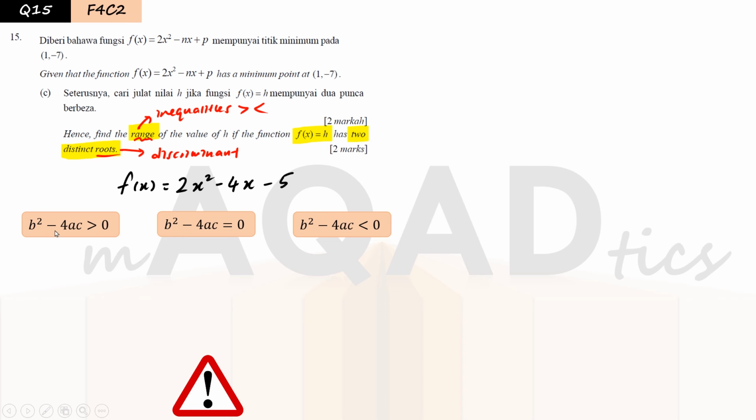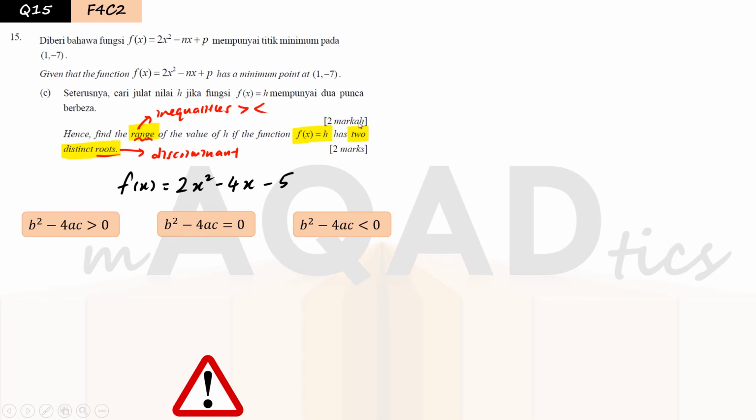Alright, and we do know for the discriminant there will be three types. One is greater than 0, one is equal to 0, and one is less than 0. Okay, and they have their own conditions to decide whether it's greater, equal, or less than 0.